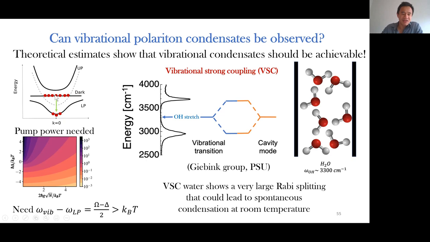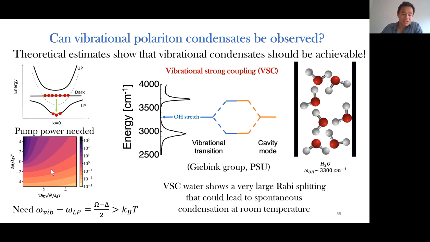It's that the separation between the dark state and the lower polariton needs to be very large. That gives you a little bit more parameter space to play with, and the mathematical condition that you need is that the Rabi splitting minus the light-matter detuning needs to be larger than k_BT.